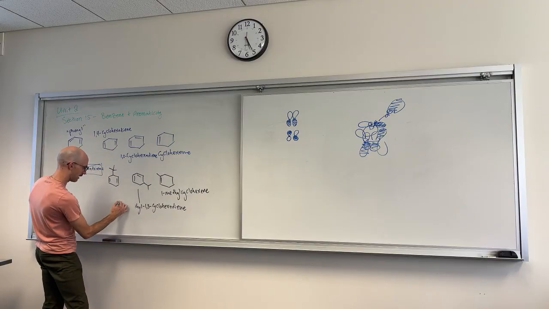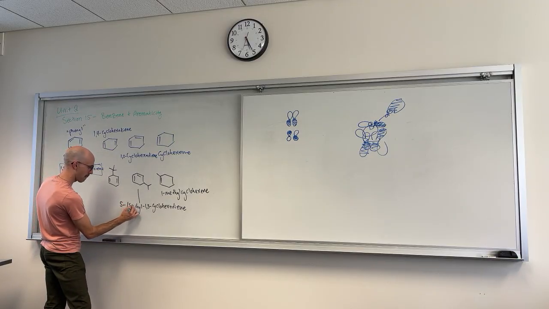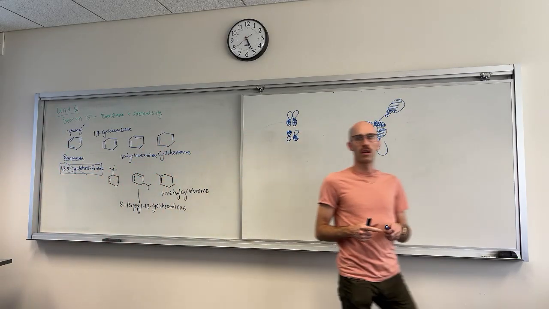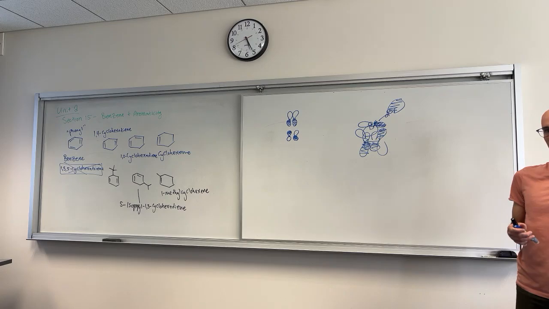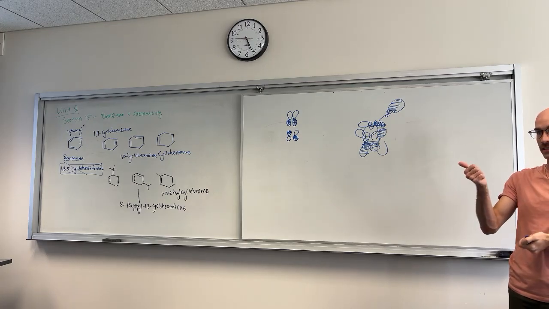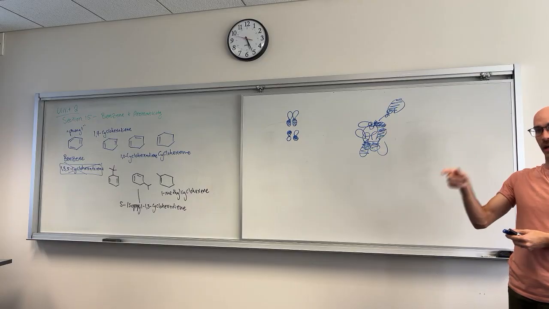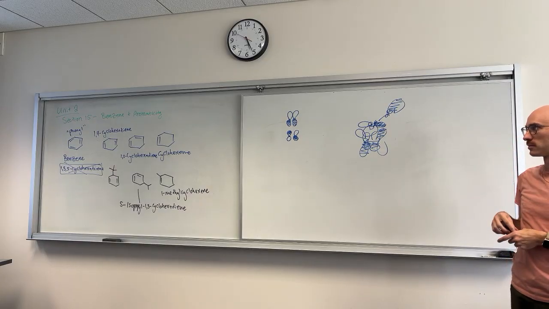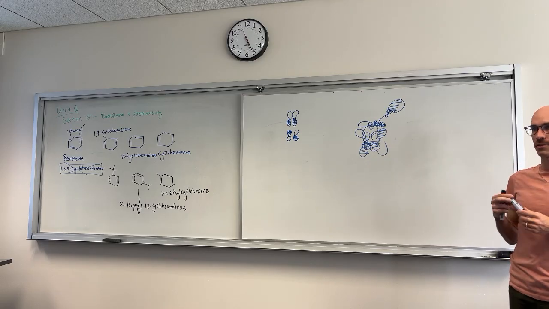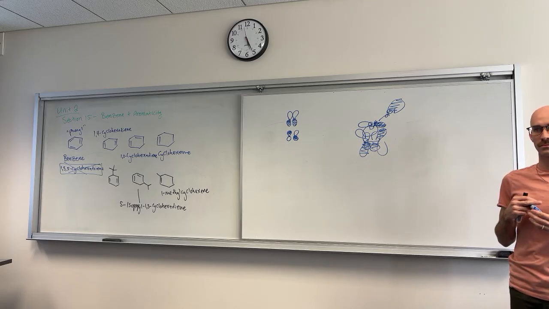Because I'm not thinking right. 5-isopropyl-1,3-cyclohexadiene. You agree? Prioritize the alkenes, then prioritize the alkyl. Can you name the last structure?